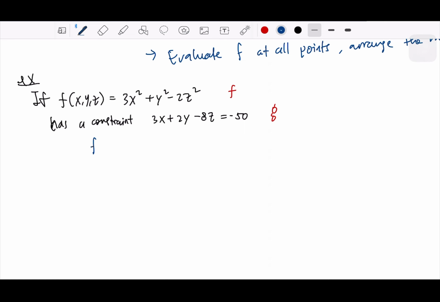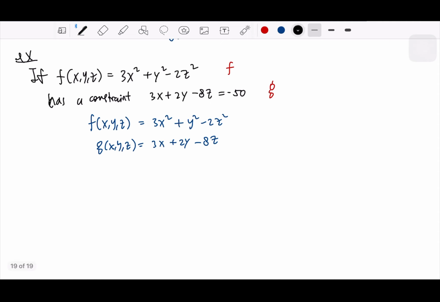So we can write the f as our function here, and this will be our g, and we can write 3x plus 3y minus 8z. Now we can start by building our Lagrange.